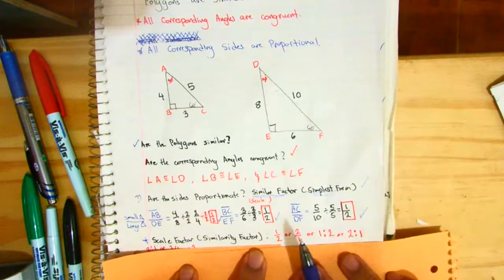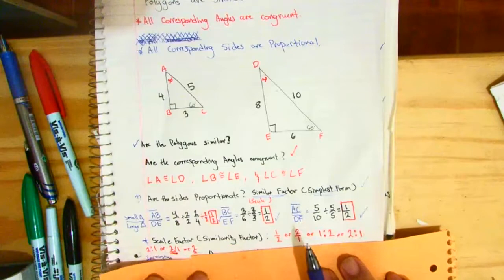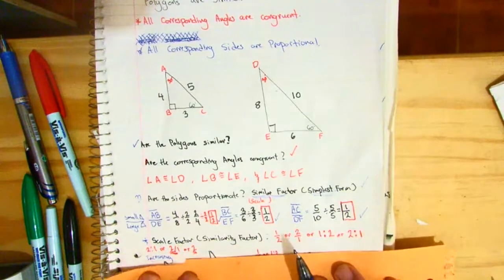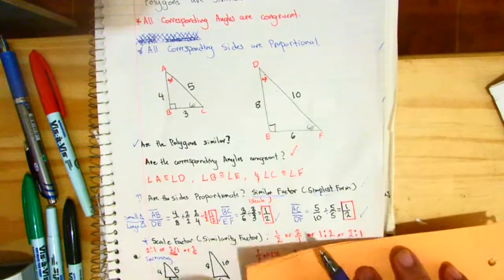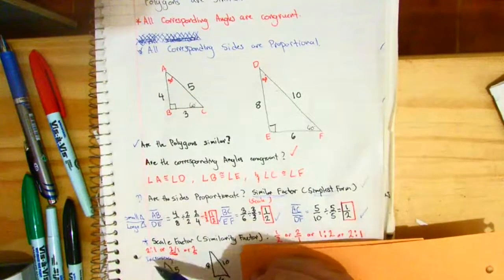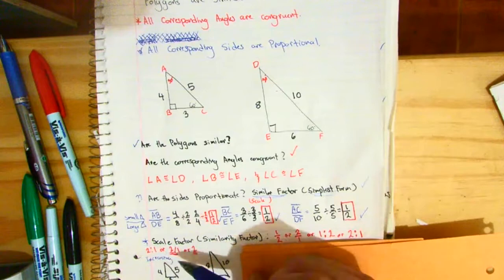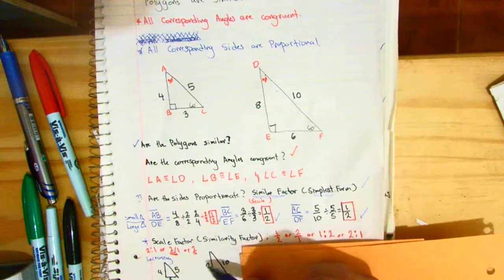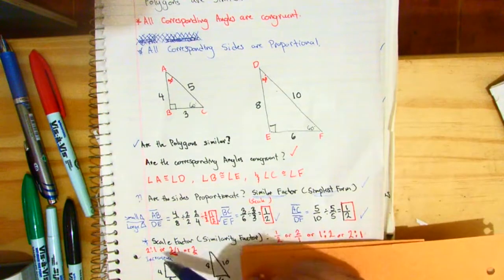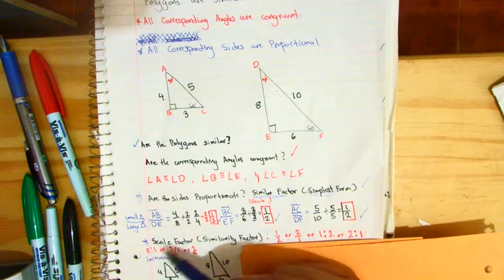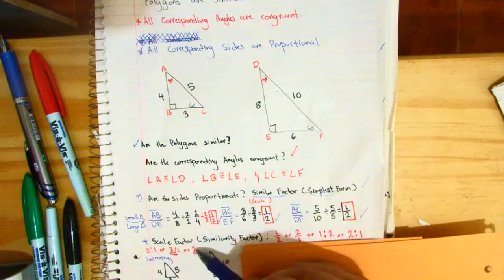I'm going to explain the first one. Whenever you write the scale factor as 2 over 1, it means that the diagram from the right will be increasing. How? Because 2 over 1 is technically 2.